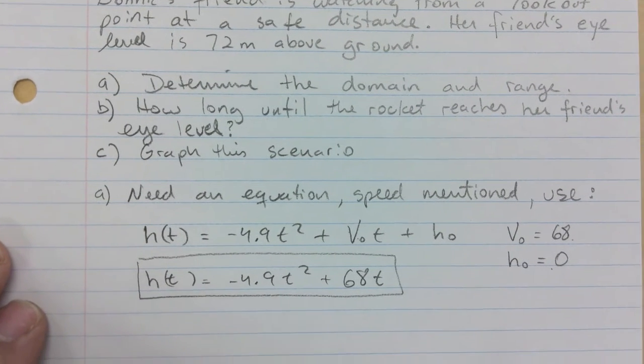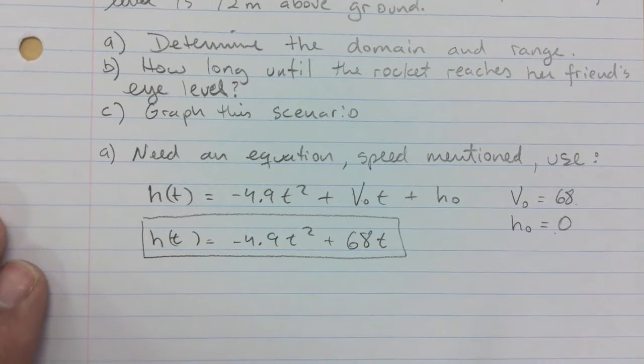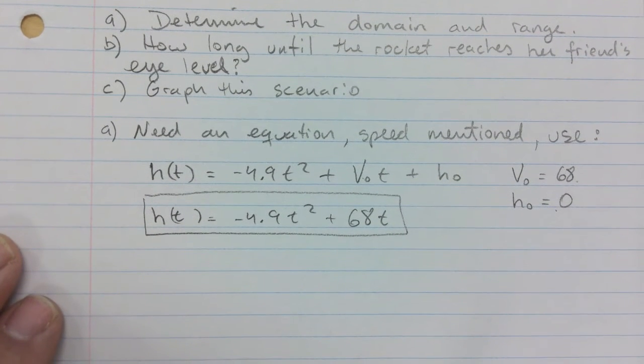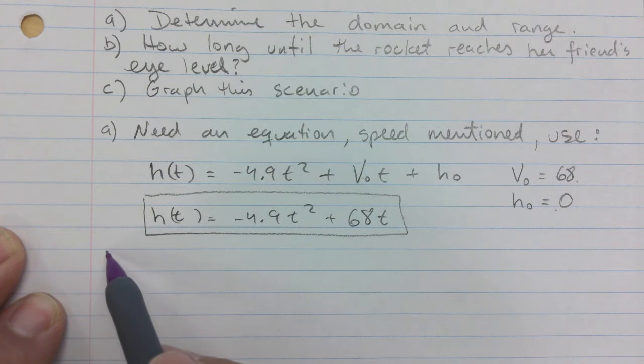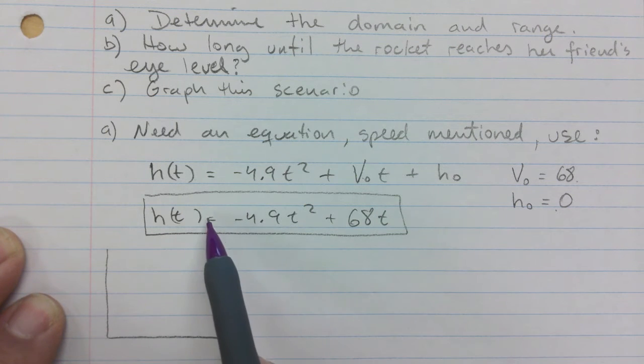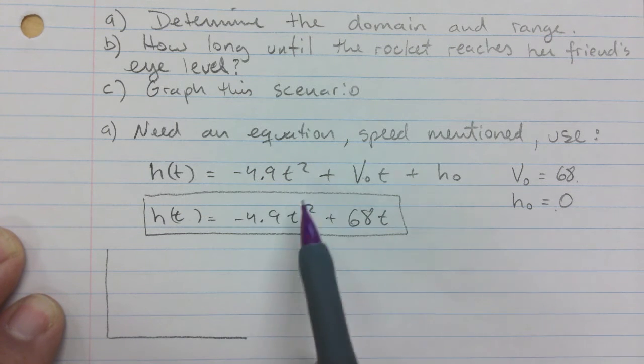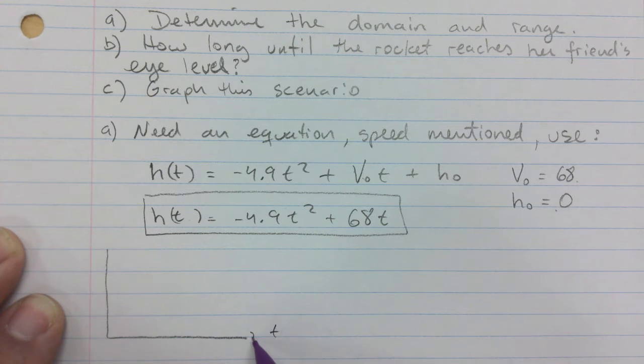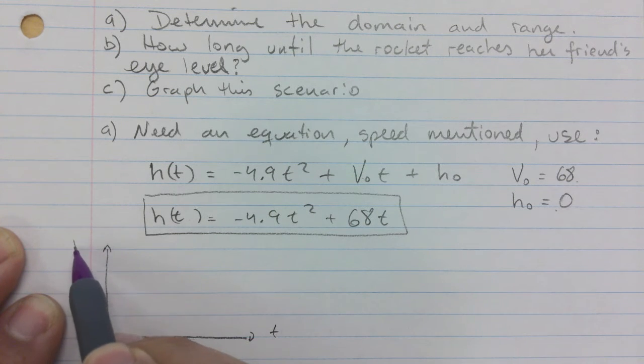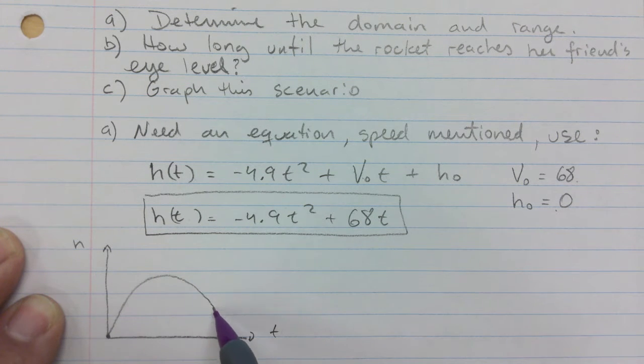I would always suggest having a little bit of a sketch. In this case, if you have the height and time, it's implied that time is your x, and this is your height. I'm just sketching, I'm not graphing. So we're starting off the ground, it's going up, and then back down, hitting the ground here.